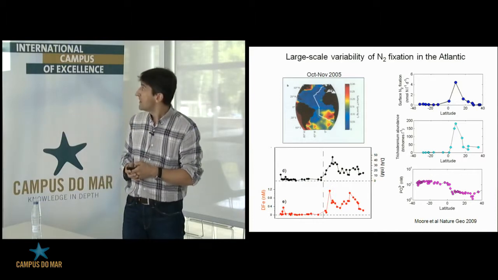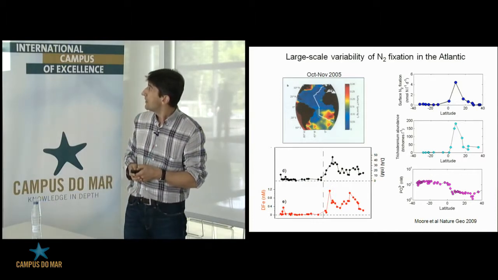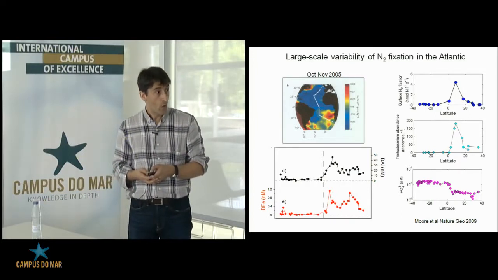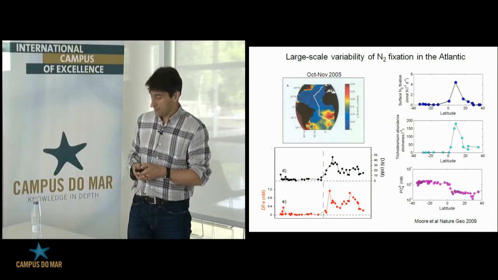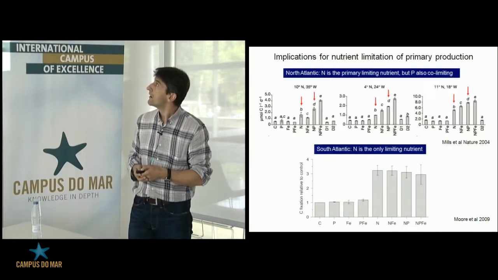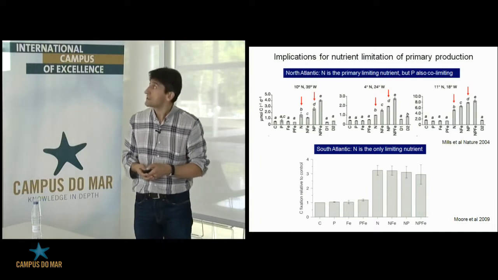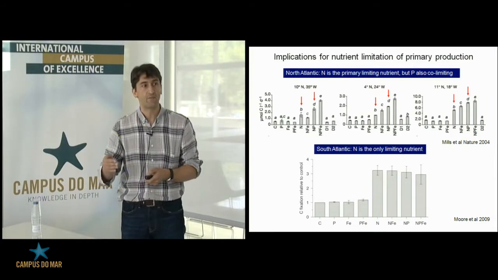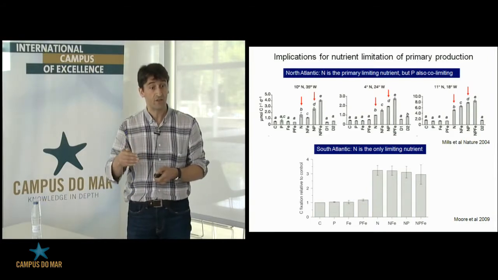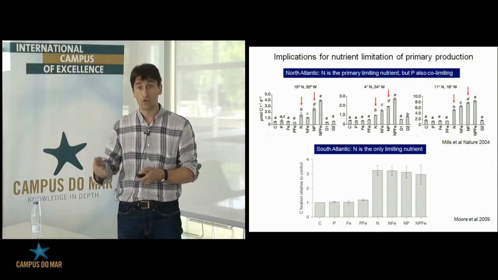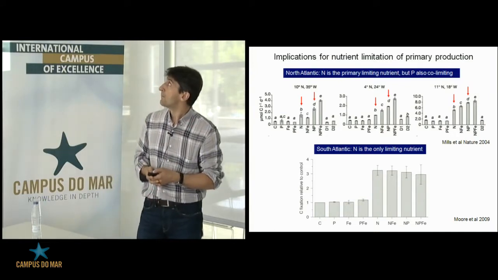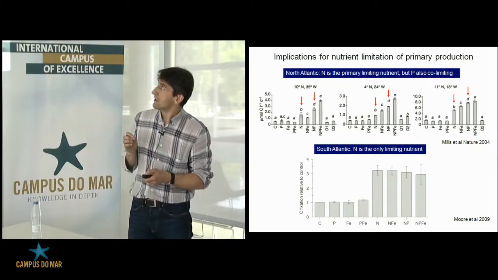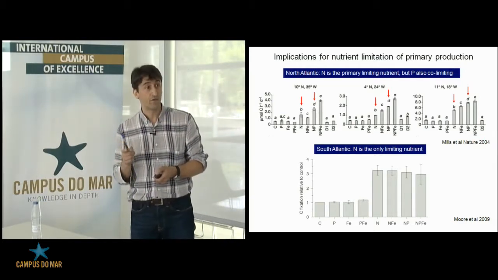And as a result, phosphorus concentrations in the bottom right panel are clearly lower in the northern hemisphere compared to the southern hemisphere. This has an impact on the balance between these two elements, nitrogen and phosphorus, as potential controllers of primary production. Because in the North Atlantic, nitrogen is the primary limiting nutrient, but phosphorus is also co-limiting.